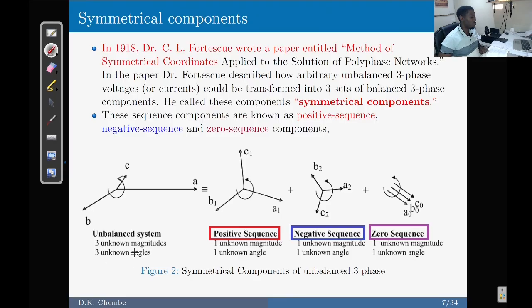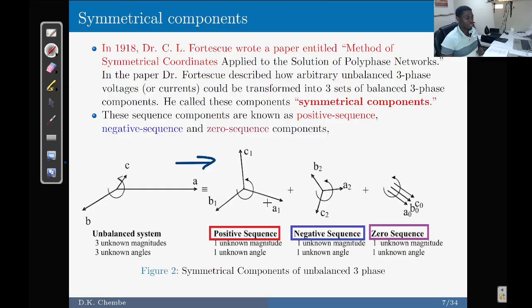And what we could do to calculate and see how this system is operating is derive from this unbalanced system and develop 3 symmetrical components that will make it appear as though it's a balanced system.